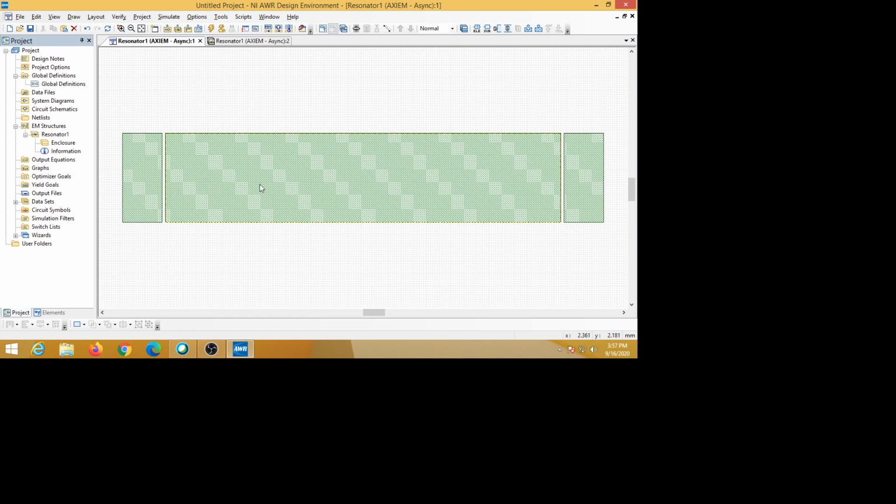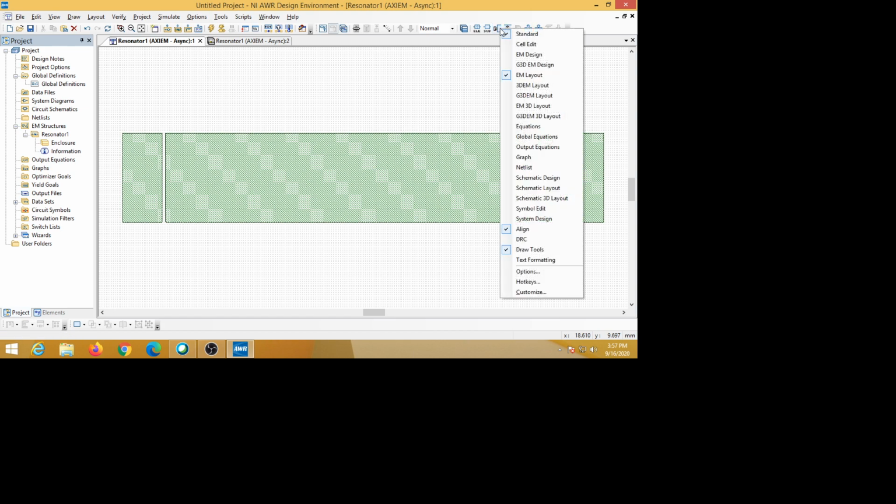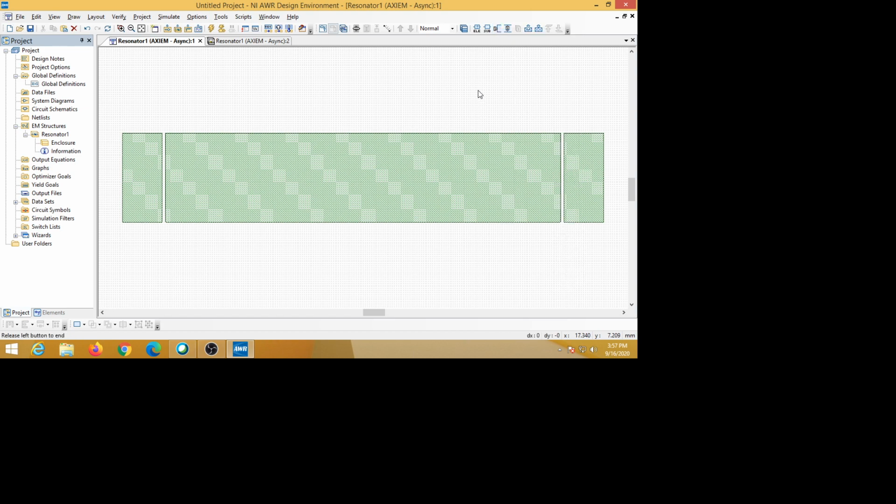In the simulation tool, the signal source is called a port. Ports are available here. This is an edge port, this is a via internal port. There are different types of ports, but in this problem we are taking the edge port.